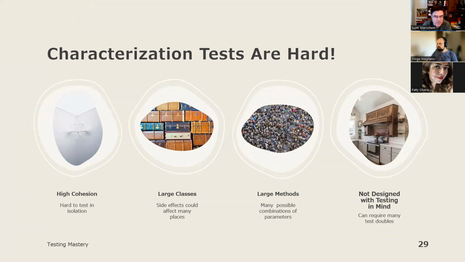Now, the thing is that adding characterization tests is hard because it's usually hard to test something by itself because it's connected to other things, and those other things are untested and untestable as well. If you have a very large class, it's hard to add tests to the whole doggone class, and you just can't get coverage over everything.